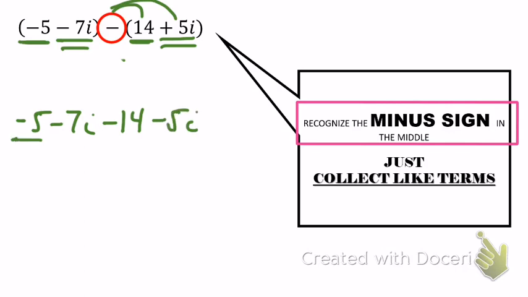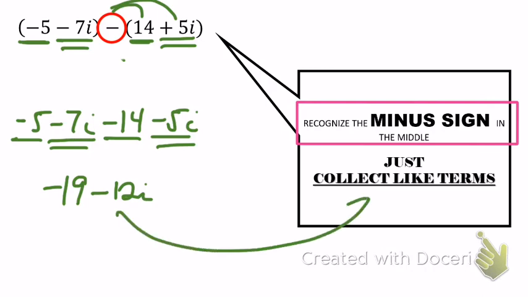And then collect that way. Negative 5, negative 14, negative 19, negative 7i, negative 5i, negative 12i. Both ways work. But I saw people on the test multiplying it. Please notice there's a symbol in the middle. It is a minus sign. And all we're going to do is collect like terms. Okay? Let's look at the next one.